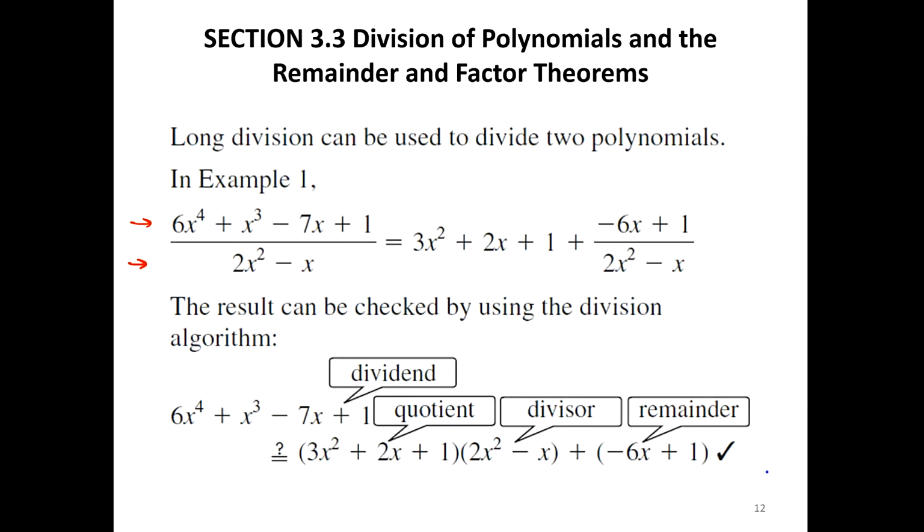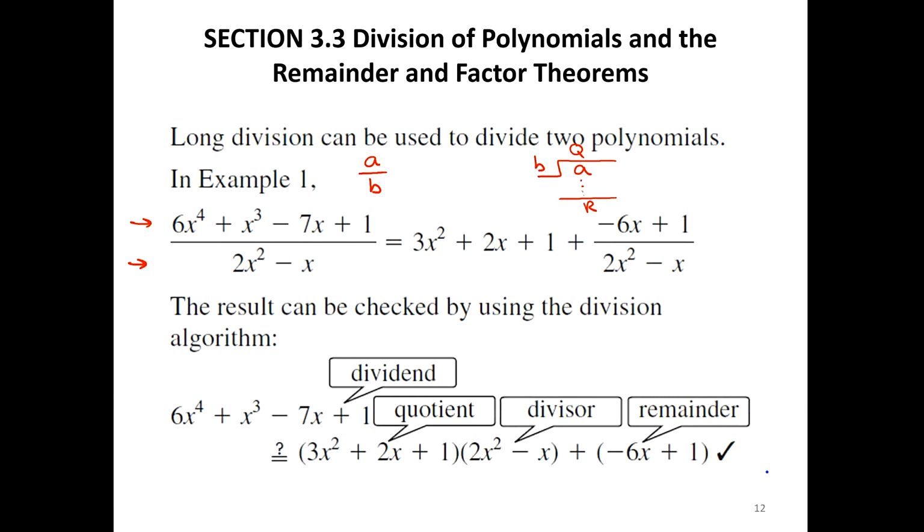Look at this. If we have A over B, we put A here and B here. We have a quotient, and after many steps we have a remainder.